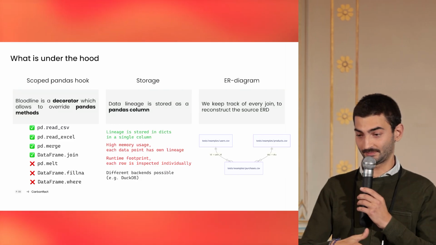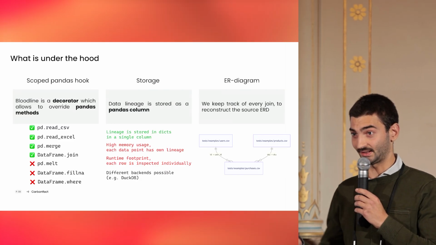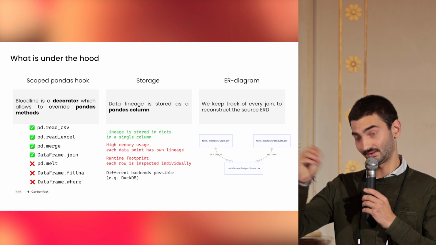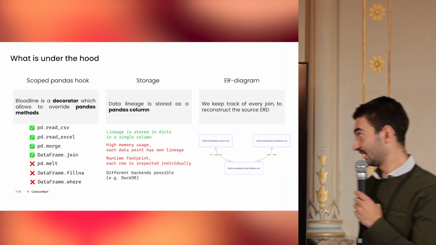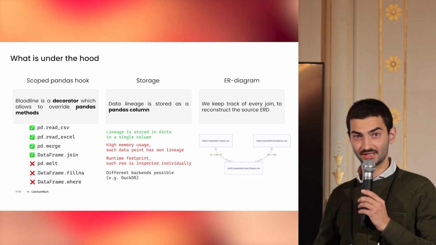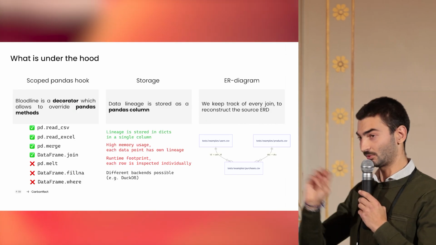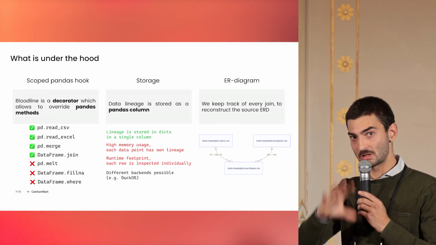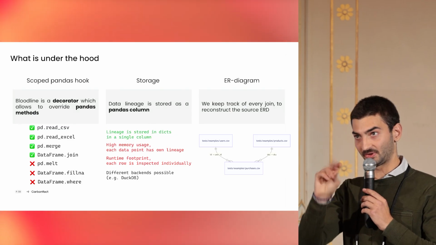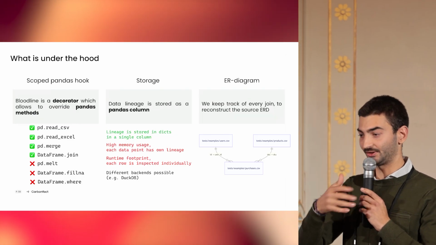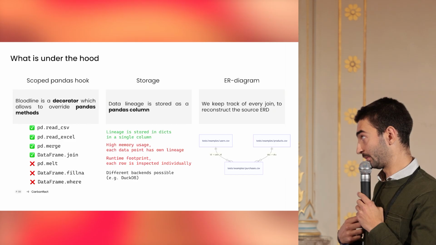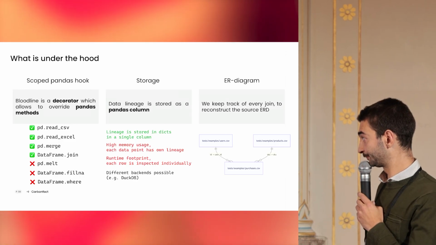There was a second way that is using what we call pandas accessors. It's basically you extend pandas functionalities. This didn't work well because it means you need to modify your code if you want to use bloodline, and we really wanted to create an easy decorator that is just going to add the new column created and not ask developers to modify the core code.